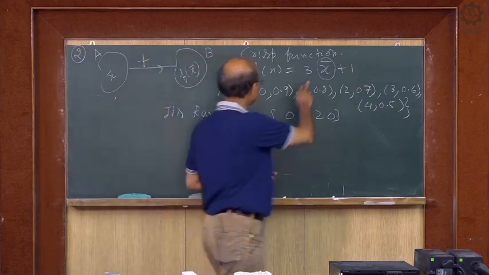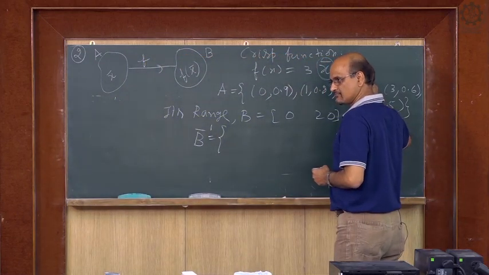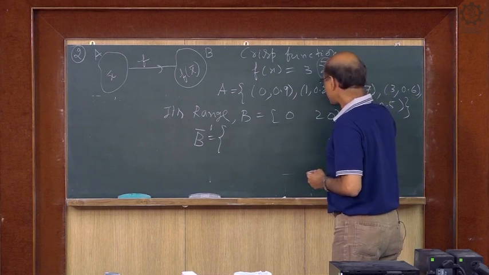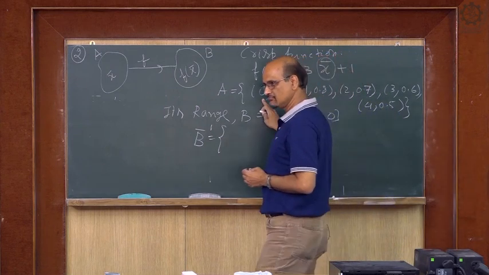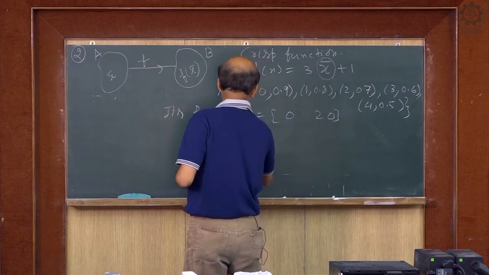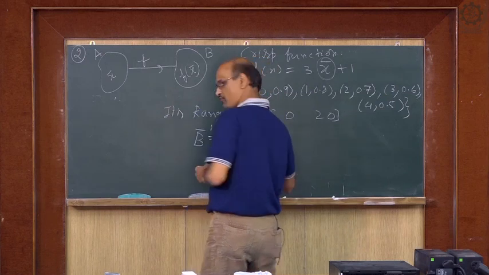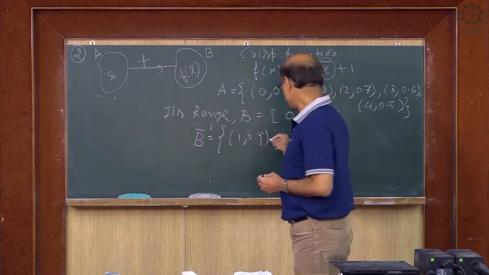Since it is 3x bar plus 1, x bar is 0 gives 1 with membership 0.9, because it is propagating.